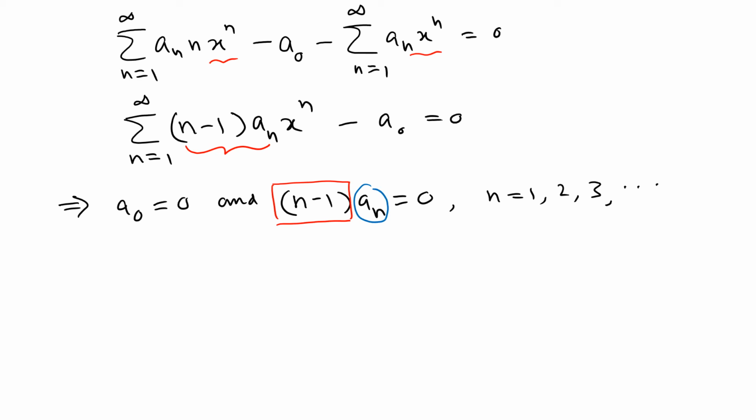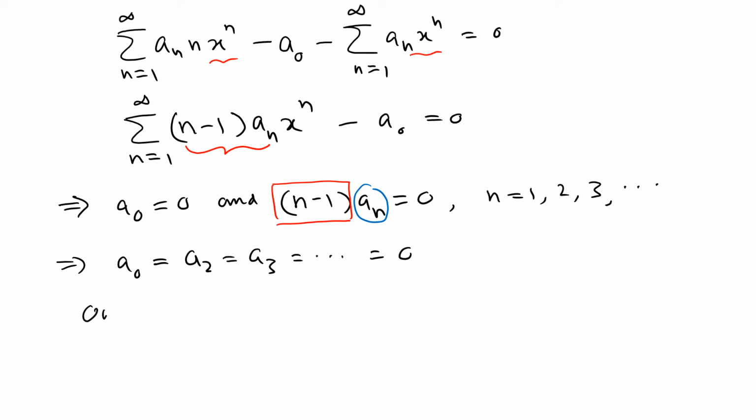For all the other n values, since we have this term which is not equal to 0, a_n has to be 0. So this implies that a naught and a2 up to everything, all the other terms are 0. So only a1 can be non-zero.